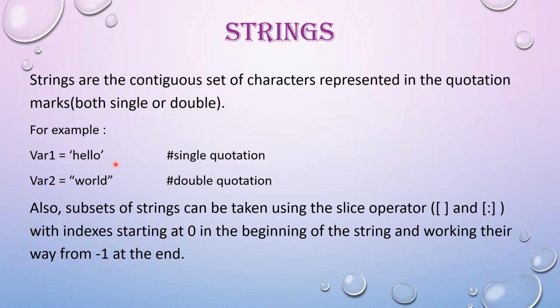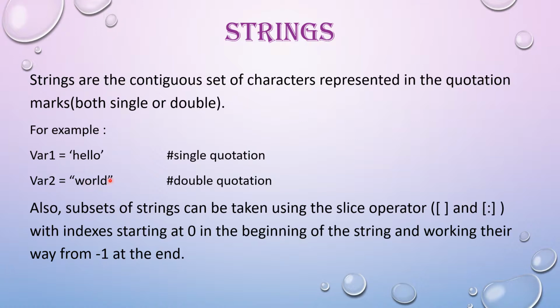becomes a string. Also, subsets of strings can be taken using the slice operator, square bracket and square bracket colon, with indexes starting at 0 at the beginning of the string and working their way from -1 at the end.